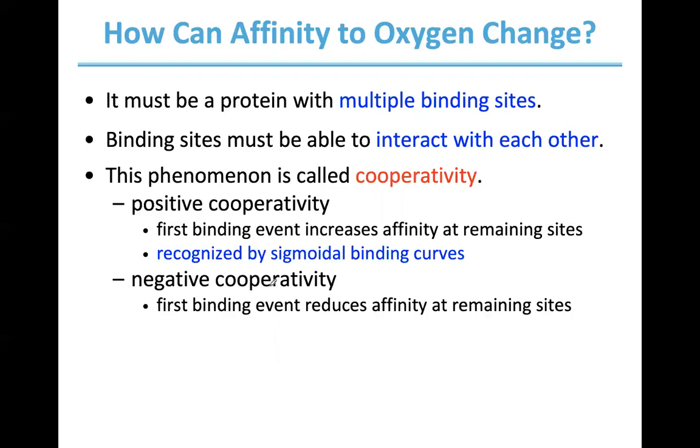Negative cooperativity: the first binding event reduces affinity at remaining sites. In other words, as one molecule of oxygen binds, the affinity for the remaining oxygen molecules will change. Guys, do you have any questions?